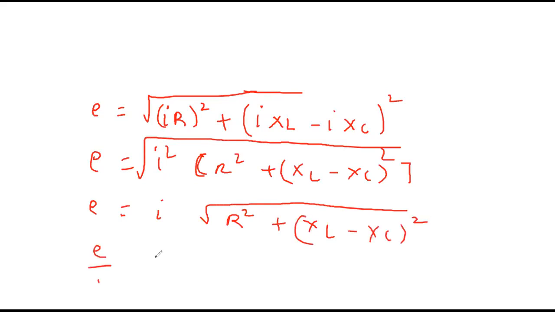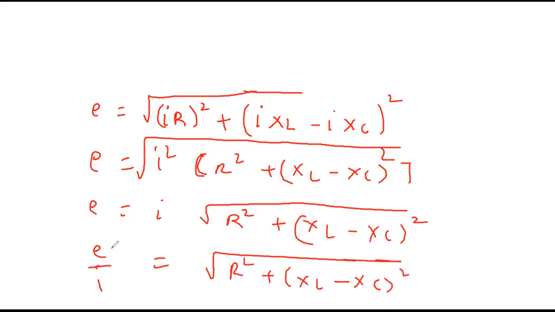E by I equals root of R square plus (XL minus XC) square. What is voltage upon current called? Resistance. So by Ohm's law, root of R square plus (XL minus XC) square is the resistance offered to the flow of alternating current by the LCR circuit. That is called impedance.